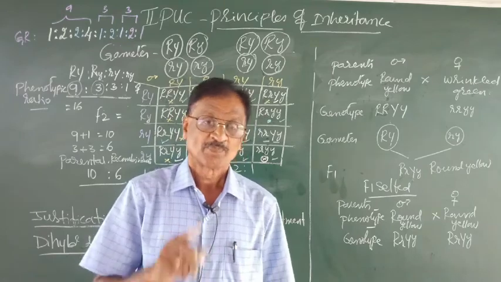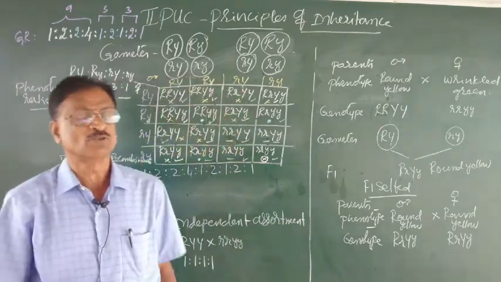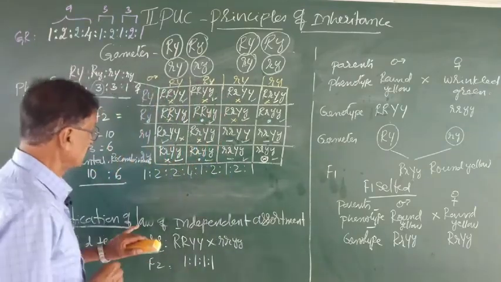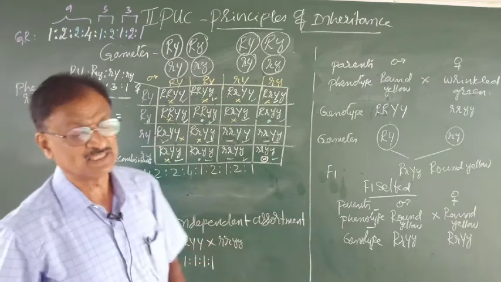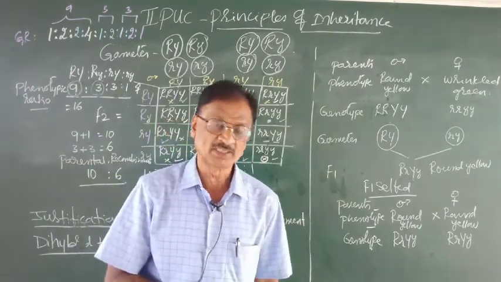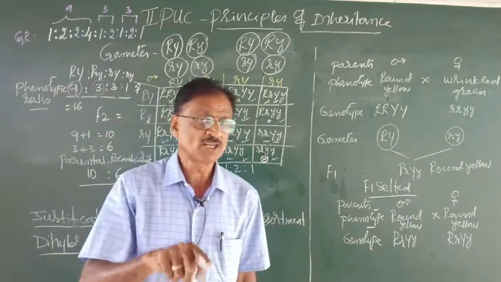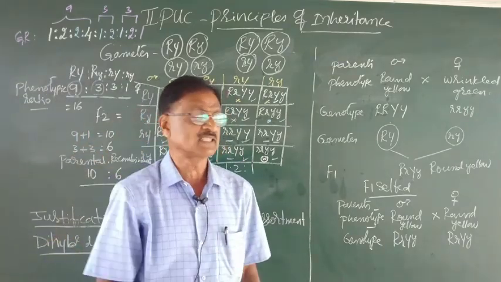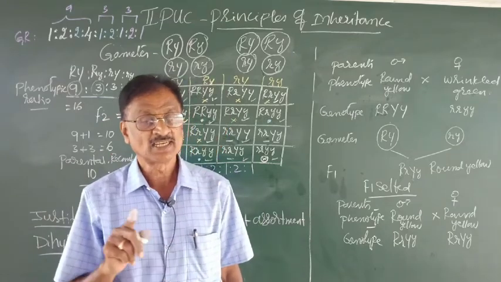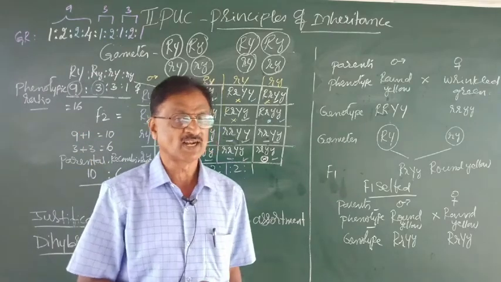If two or more pairs of contrasting characters are taken into consideration for the experiment, then the law of independent assortment is applicable. What does the law of independent assortment state? It states that the factors controlling 2 or more pairs of contrasting characters separate during gametic formation. That is the law of independent assortment.